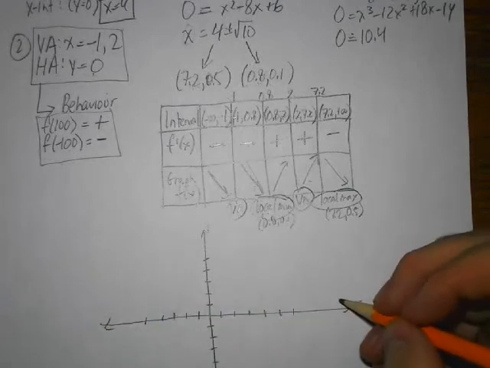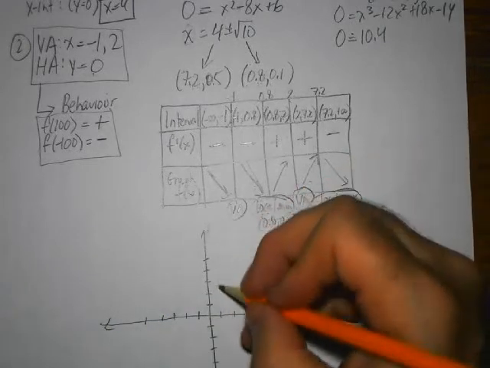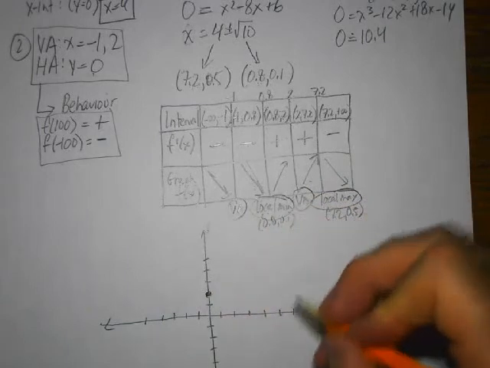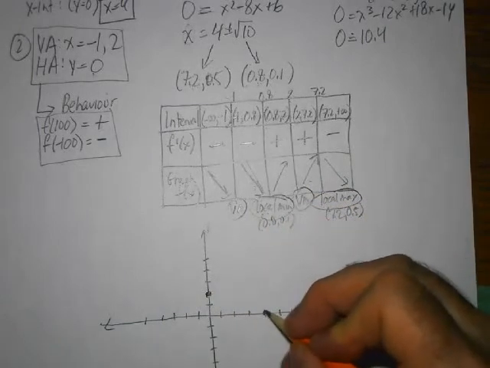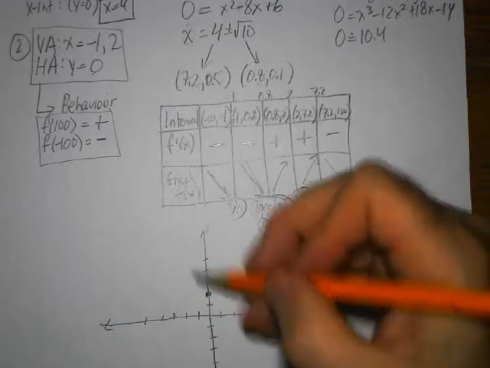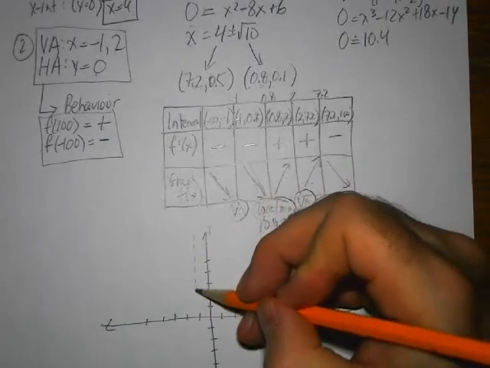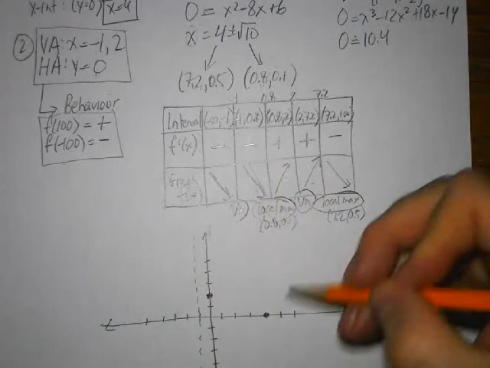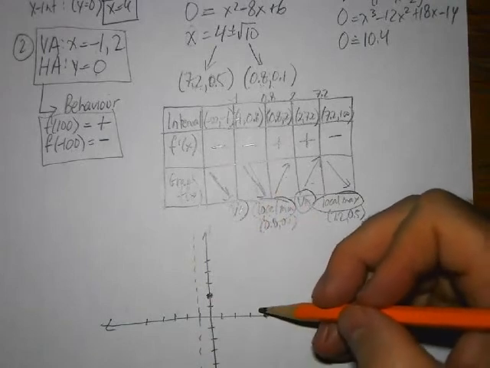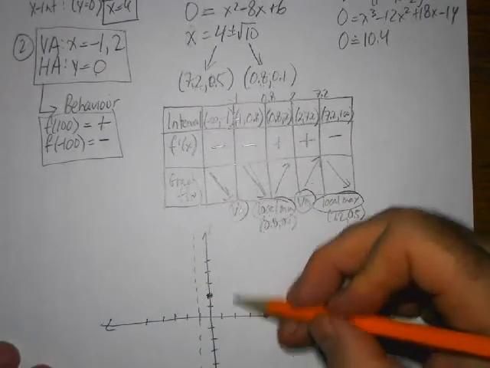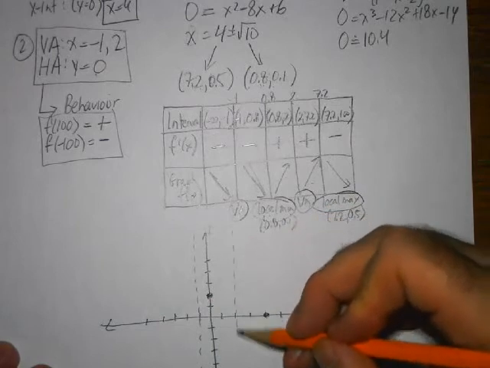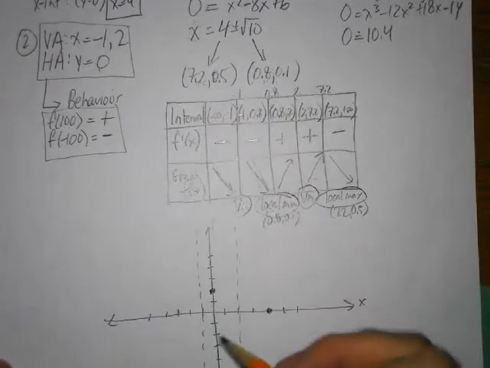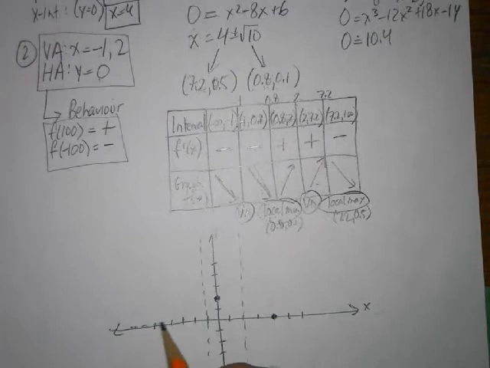I've got y-intercept at 2, x-intercept at 4. I've got a vertical asymptote at x equals -1. I've got another vertical asymptote at x equals 2. And then I've got my horizontal asymptote at y equals 0. So it's always hard to show that.